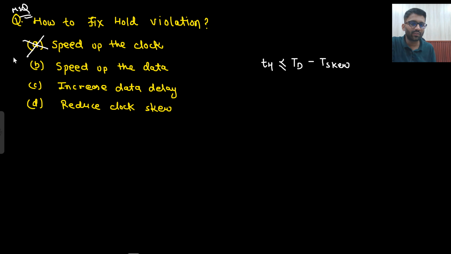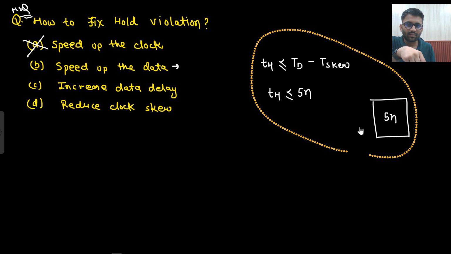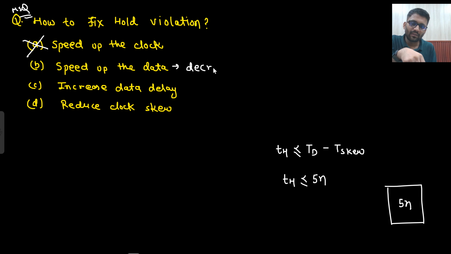Speed up the clock, there is no meaning of that. T hold doesn't even depend on the clock, right? Speed up the data. So let's just say initially this was some 5 nanosecond, and for 5 nanosecond I designed it. Now it is saying speed up the data, that means decreasing TD, right?